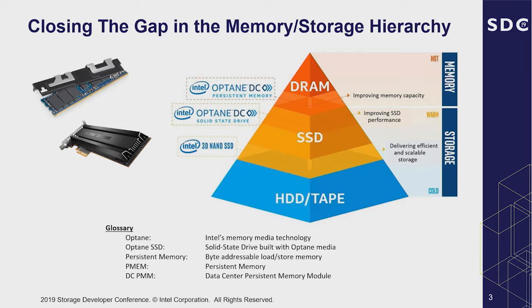The form factors are different, where the Optane DC persistent memory sits on the DIMM bus and sits with the DDR4 memory. And the performance of the Optane DC persistence memory is very close to DRAM, near DRAM levels. And the added benefit that you have with the DC persistent memory is the persistence.